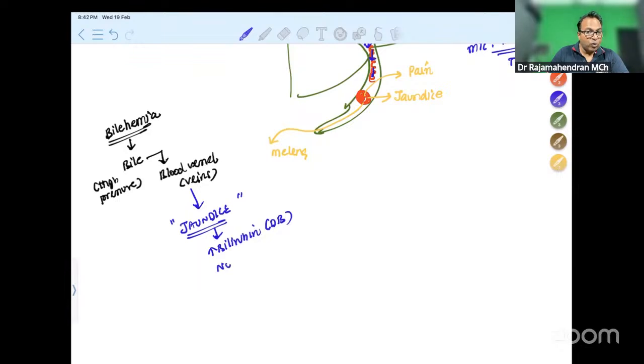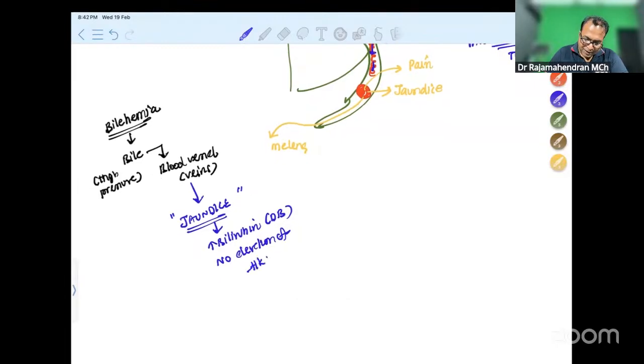But there is no elevation of alkaline phosphatase or liver enzymes. SGOT, SGPT and all will not be elevated in bilhemia. Don't forget, bilhemia is also due to same pathology only. So there is an obstruction in the distal bile duct and you have done some procedure and now obstruction not got relieved. So therefore bile enters into the bloodstream.